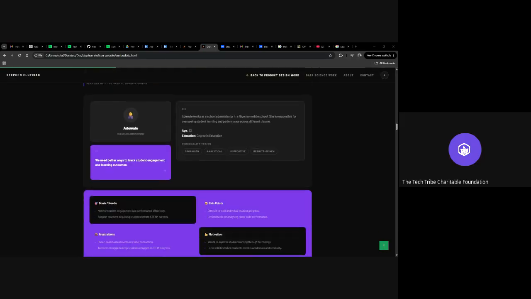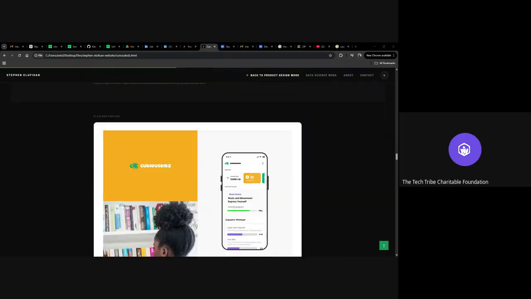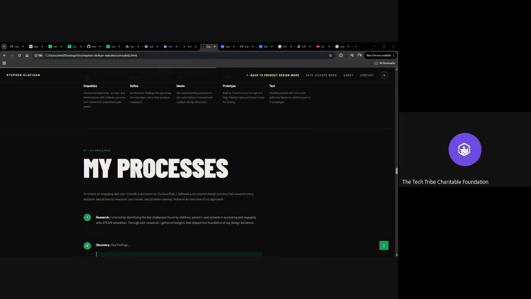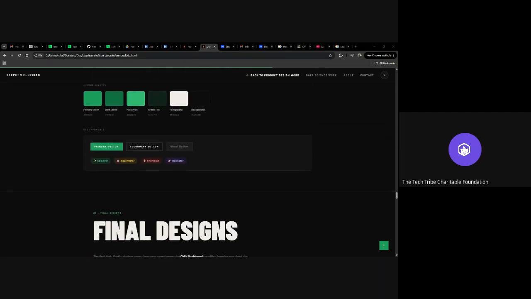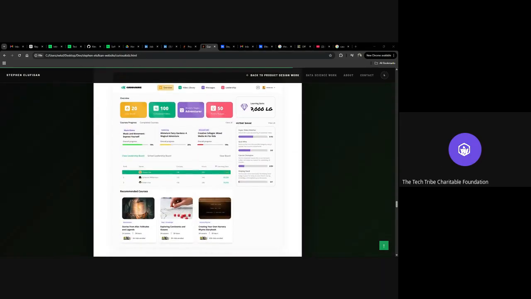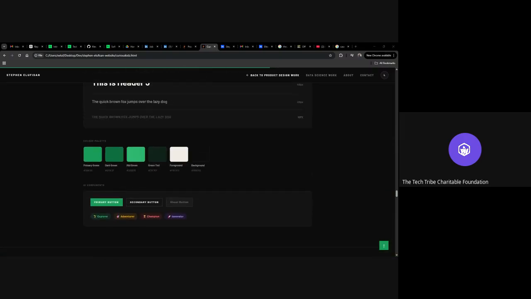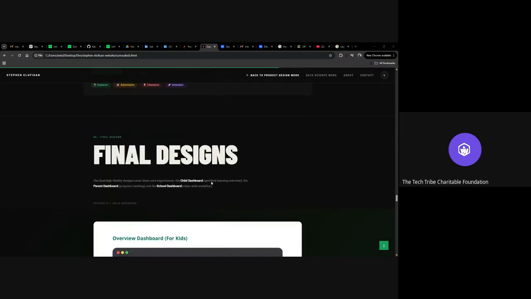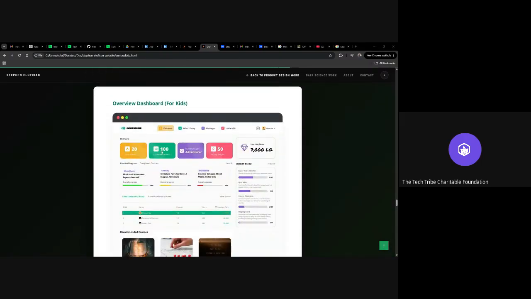So this is the brand color. I'm going to show you the brand colors. So this is some of the colors: the yellow, the blue, the purple, and this pink color.